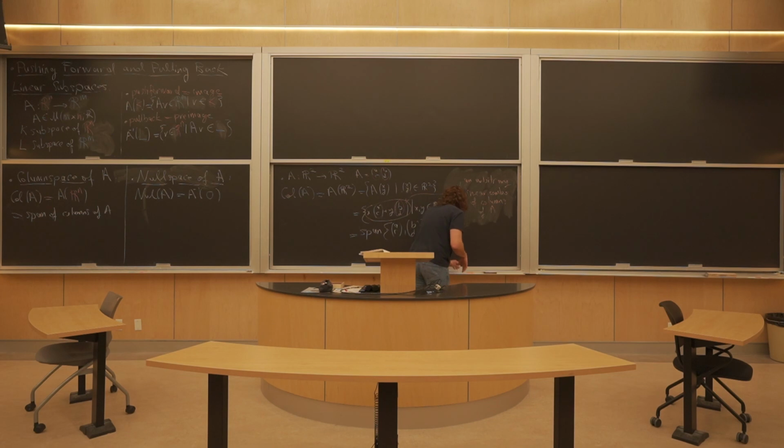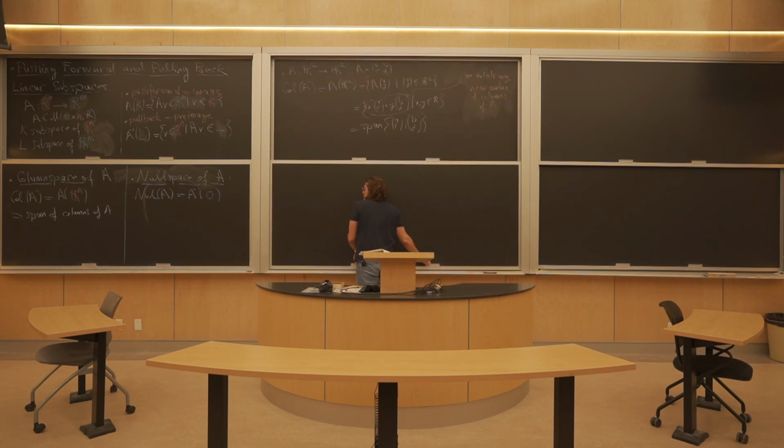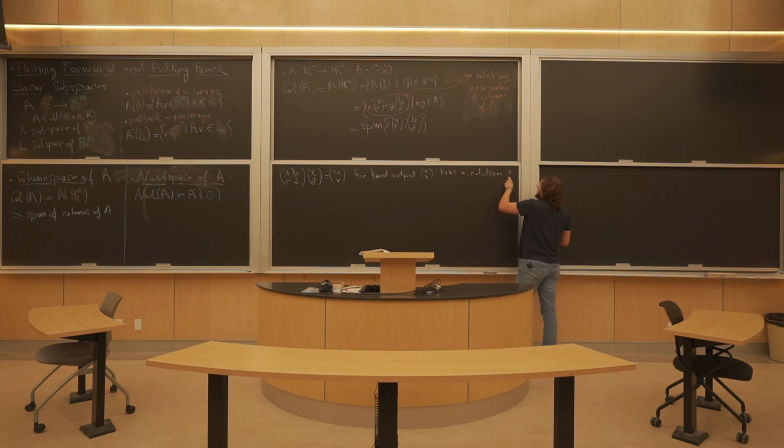If I were to choose some outputs, A, B, C, D, X, Y equals U, V for U and V fixed numbers, so it's a fixed output, has a solution only when, because this is a linear combination, UV is in the span of columns of A. We've also discussed this before.